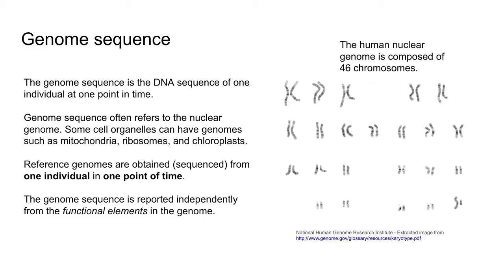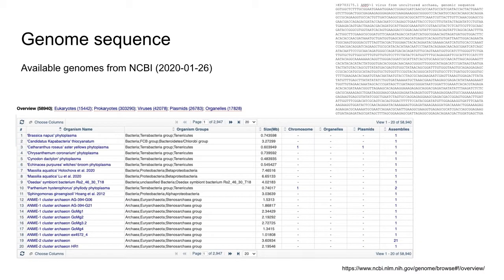When we talk about which parts of these sequences have a certain function, so the functional elements, then we would talk about the genome annotation. So the genome sequence as such can be seen as independent of the meaning of the genome, independent of the annotation.